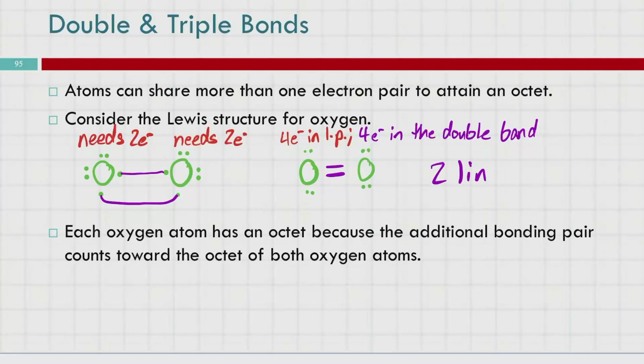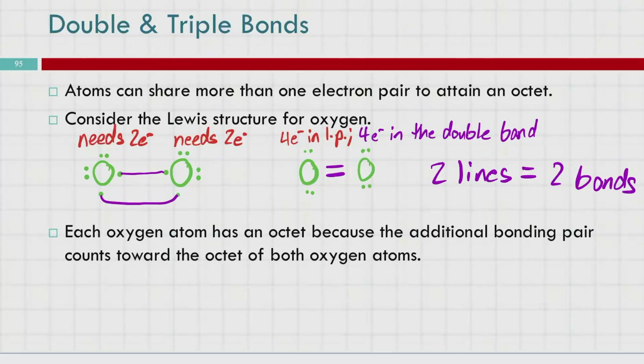Two lines equals 2 bonds. And we call that a double bond. So the 2 bonds from the 2 lines, 2 electrons each, 2 times 2 is 4. 2 lone pairs, 2 electrons each, 2 times 2 is 3? No, still 4. 4 plus 4, 8. We've got our full octets.